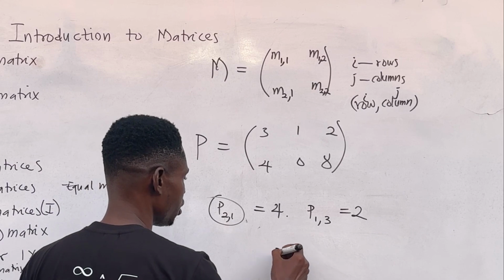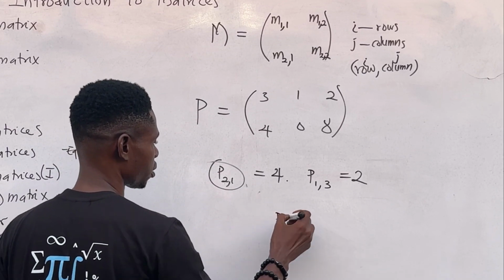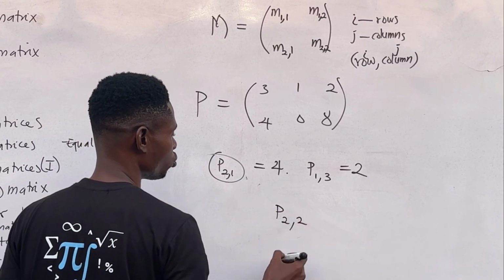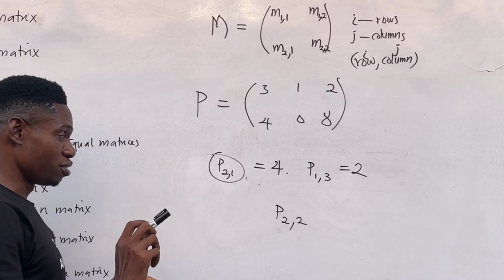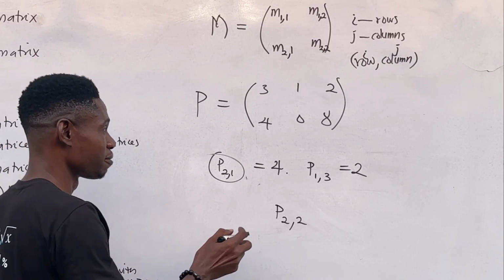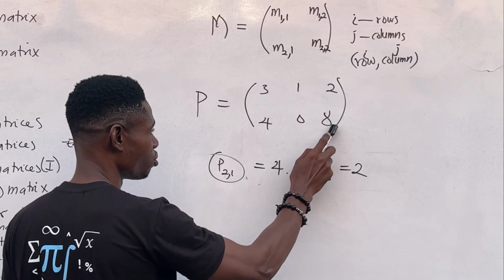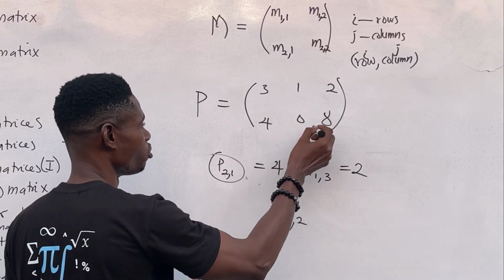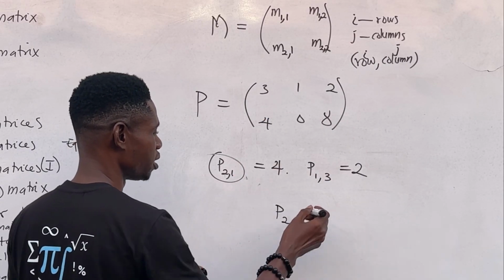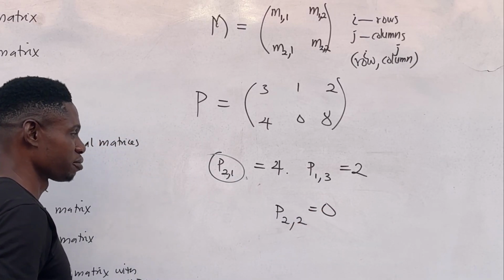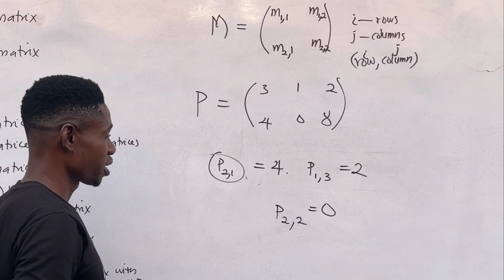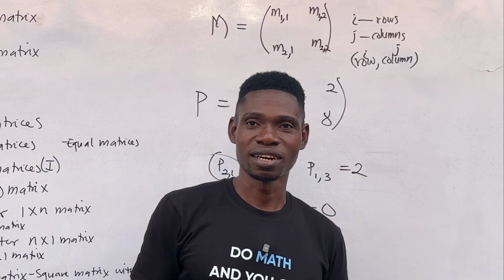What about P2,2? We're looking for the element of P in the second row, second column. That would be 0. Okay, so that's how we represent a matrix.